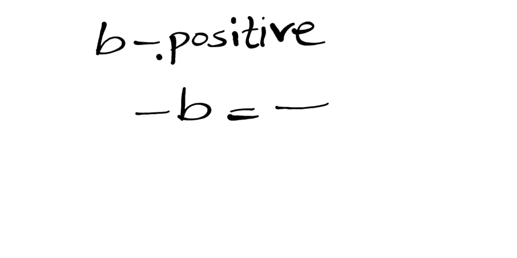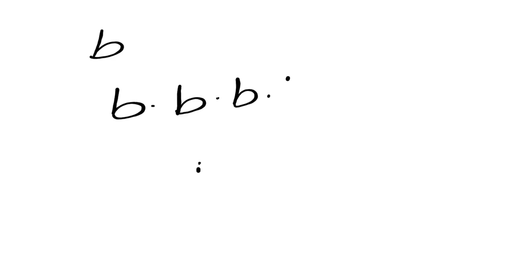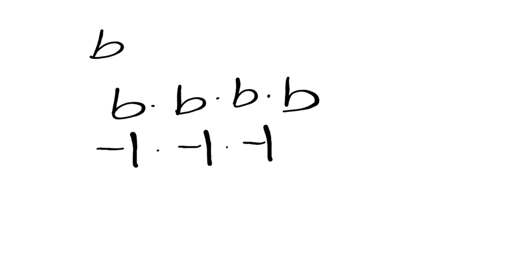Alright, number 11. This time, B is negative. B is a negative number. Alright? And then you have B times B times B times B. Is this going to be positive or negative? Well, let's just use an example of negative 1. If I did negative 1 times negative 1 times negative 1 times negative 1, because that's a negative number.